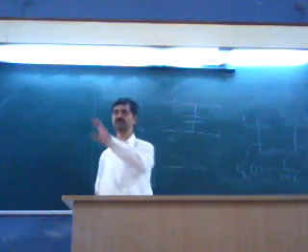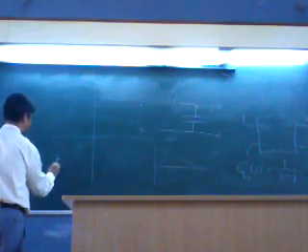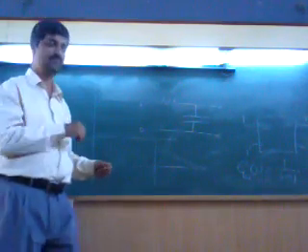Such that G21(s) is 1/(s minus 1). What would be G21(t)? It would be e raised to t, correct? E raised to t.